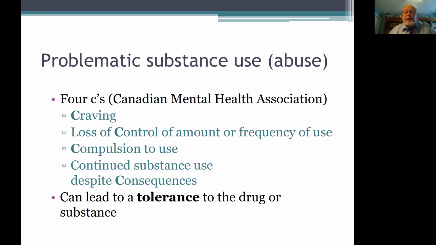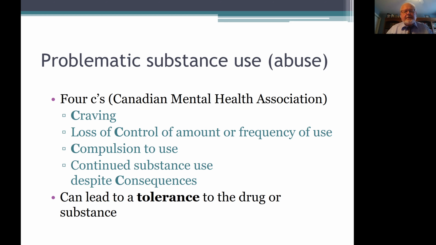When people have problematic substance abuse, one of the things that this can lead to is tolerance. Tolerance is when the same amount of alcohol or drug use results in a lesser effect, requiring a person to increase the amount of use in order to get the same effect.